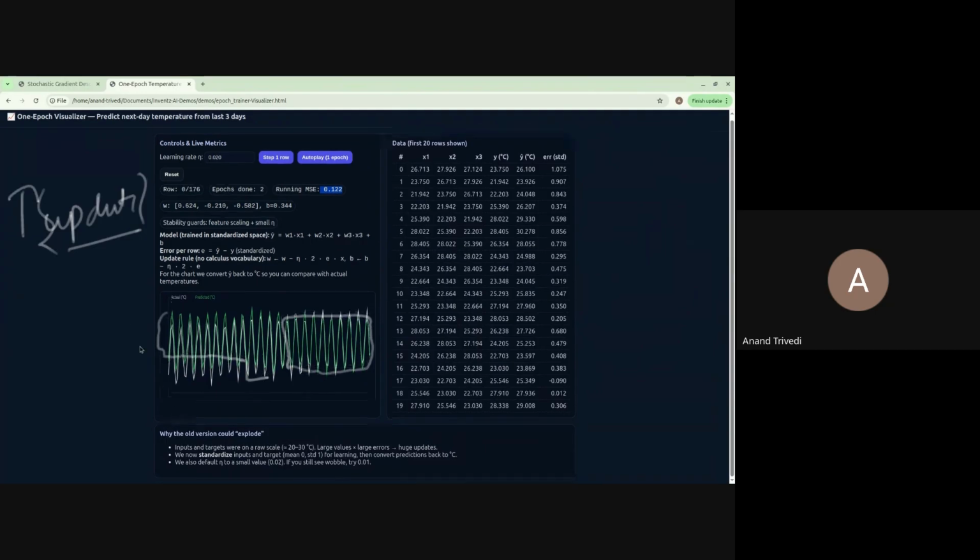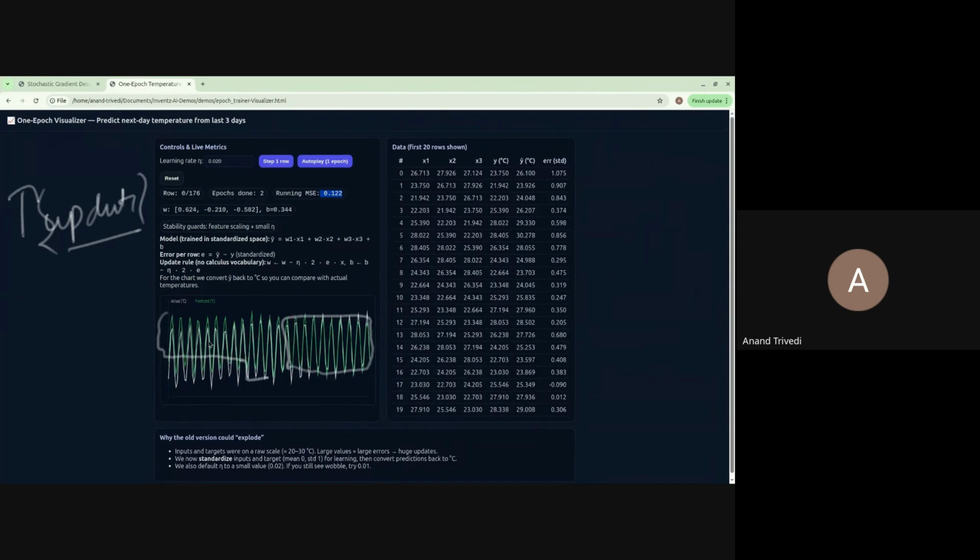The smaller the difference between the actual one and the predicted one, the lower the error, and the better it is. I'll open a second demonstration. So this is what is happening.